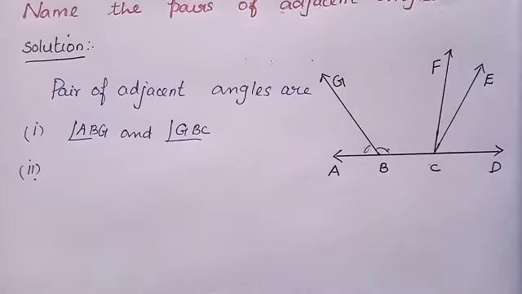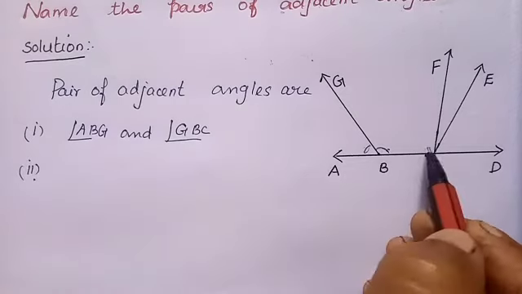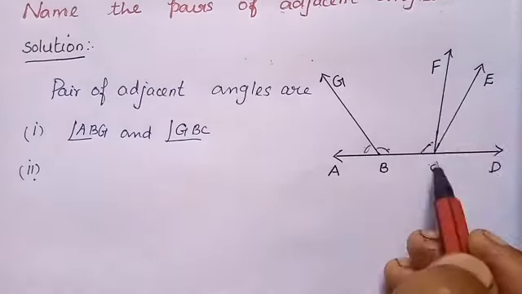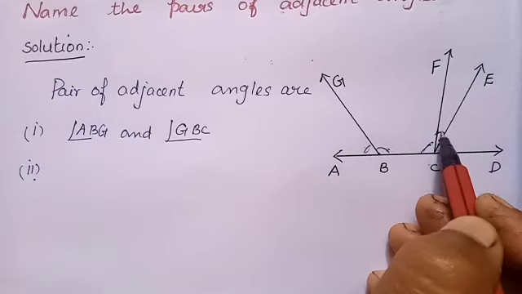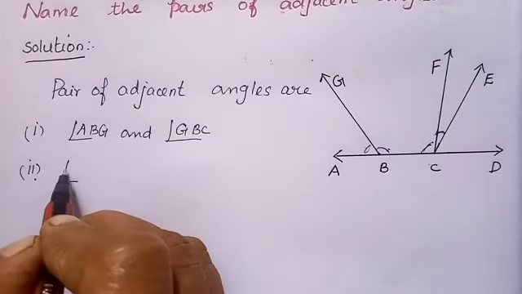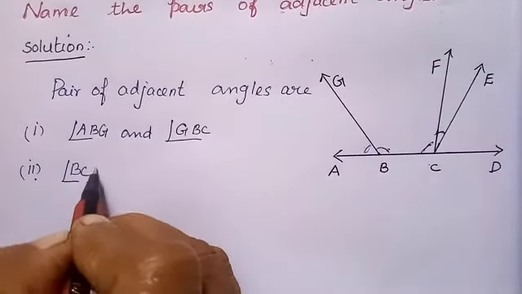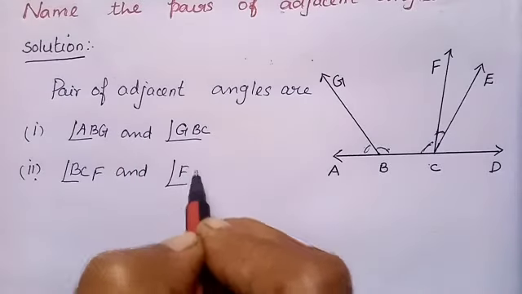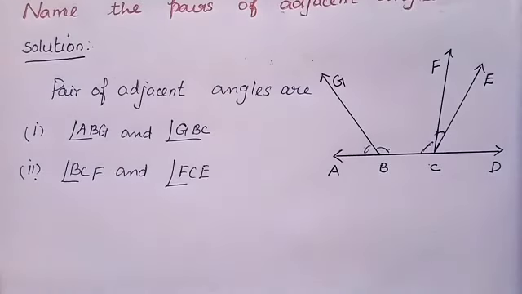These two are another pair of adjacent angles. Here BCF and FCE. These two are nearby angles. Angle BCF and angle FCE. This is another pair of adjacent angles.